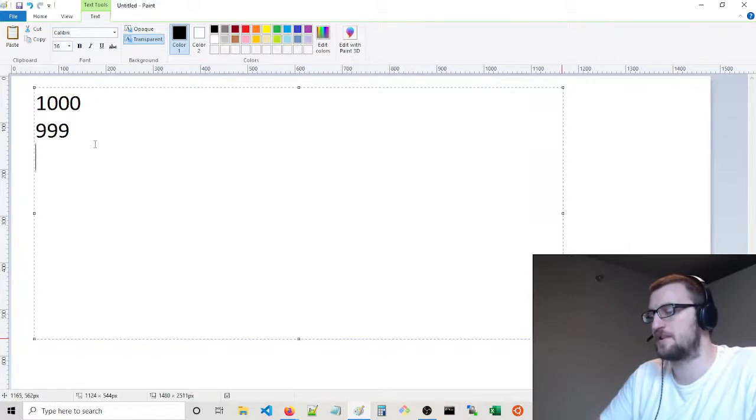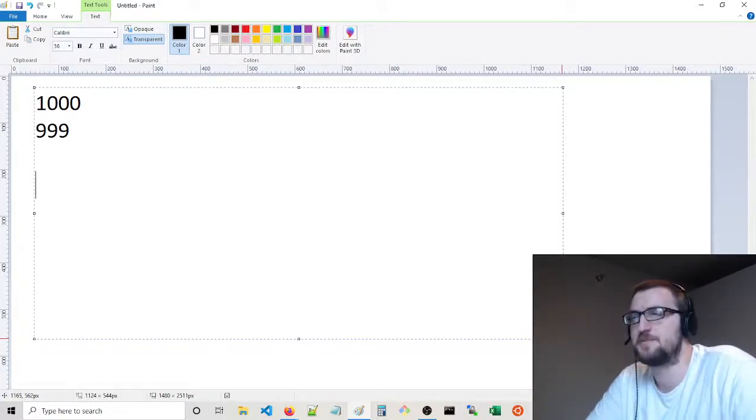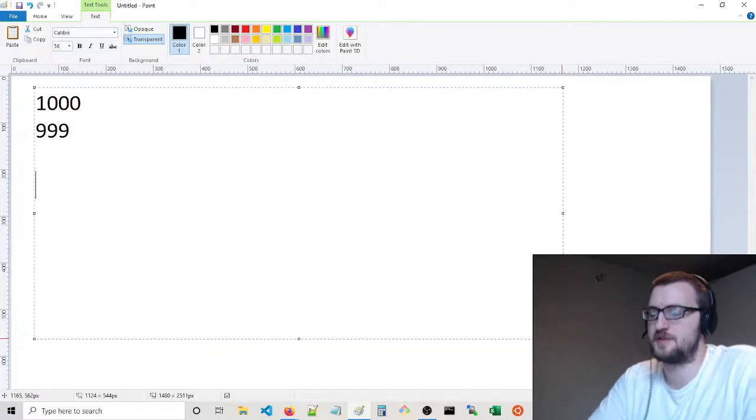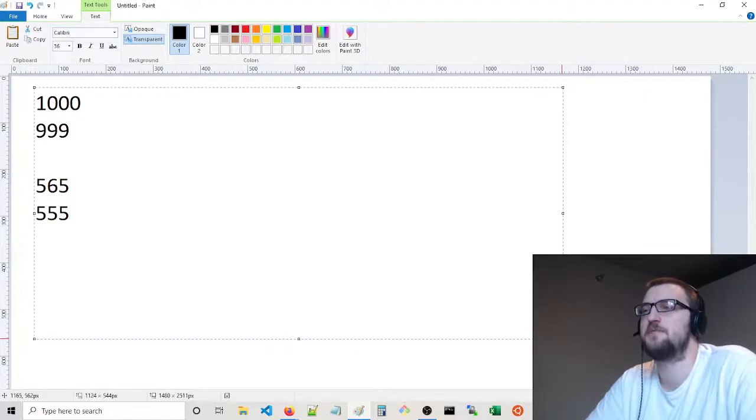So actually, with each character, you have to check whether it's possible to use that digit and all the other digits following. If you had 565, and you want 5, you need to know that 555 is less than or equal to this number.